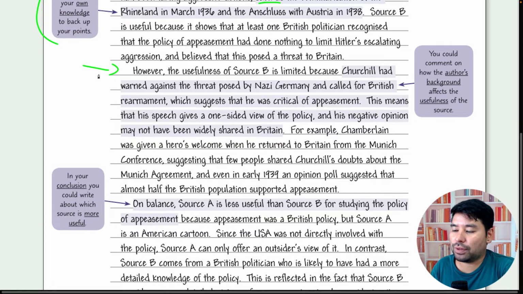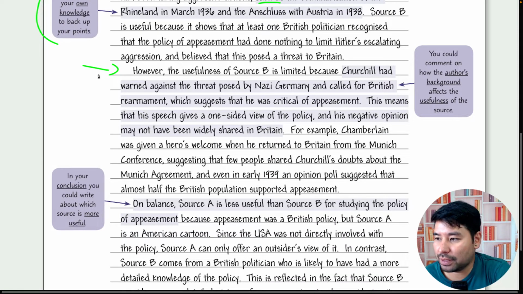The usefulness of Source B is limited because Churchill had warned against the threat posed by Nazi Germany and called for British rearmament, which suggests that he was critical of appeasement. This means that his speech gives a one-sided view of the policy, and his negative opinion may not have been widely shared in Britain. Interesting information, right?